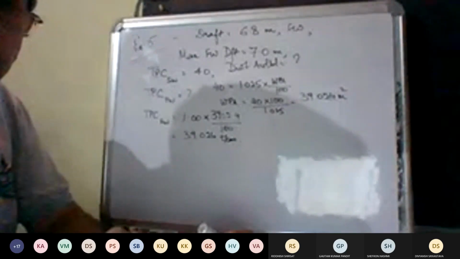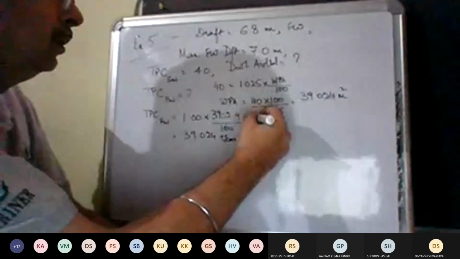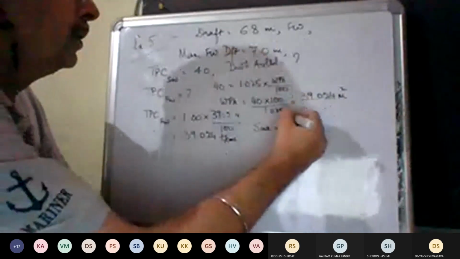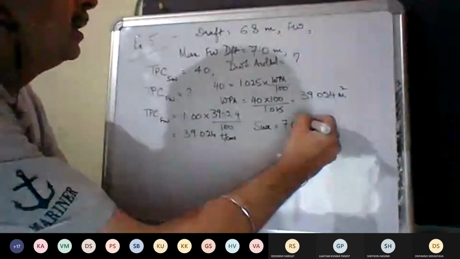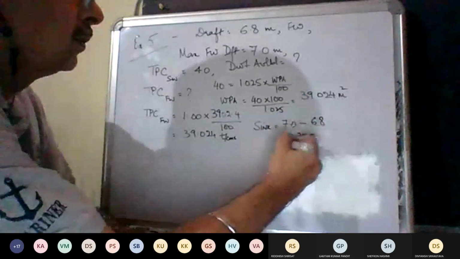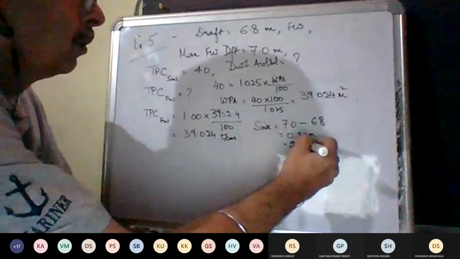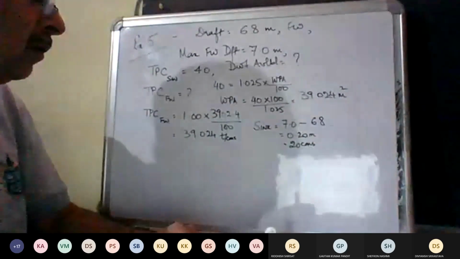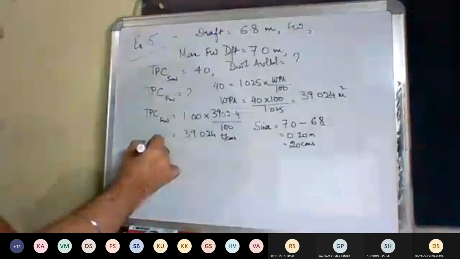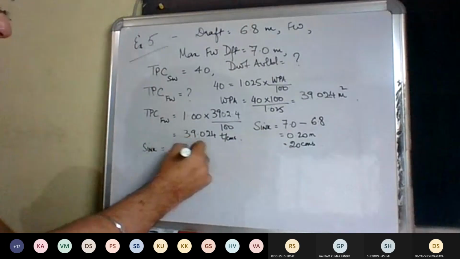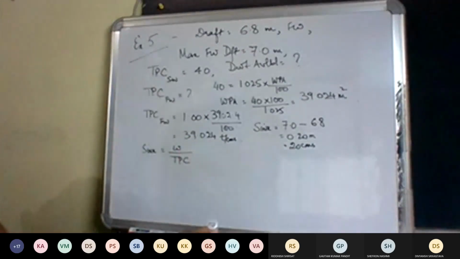Now, how much is the sinkage which is allowed? Sinkage which is allowed is 7 minus 6.8, which is equal to 0.2 meters, which is 20 centimeters. So therefore, I know my sinkage is equal to small w upon TPC.